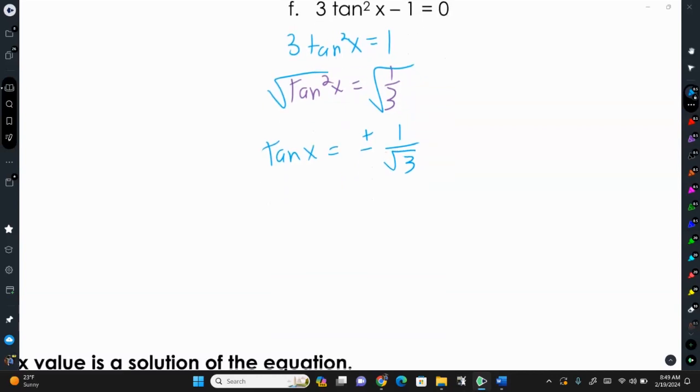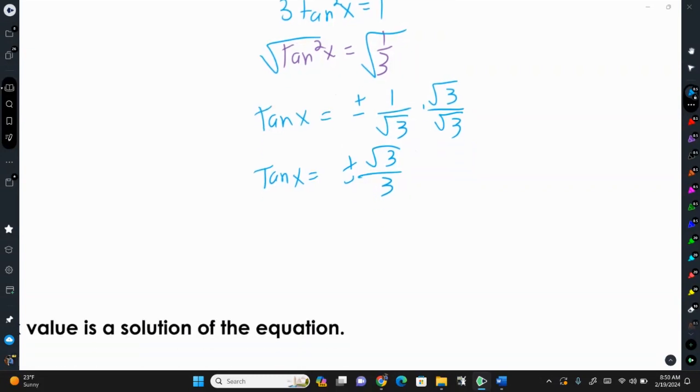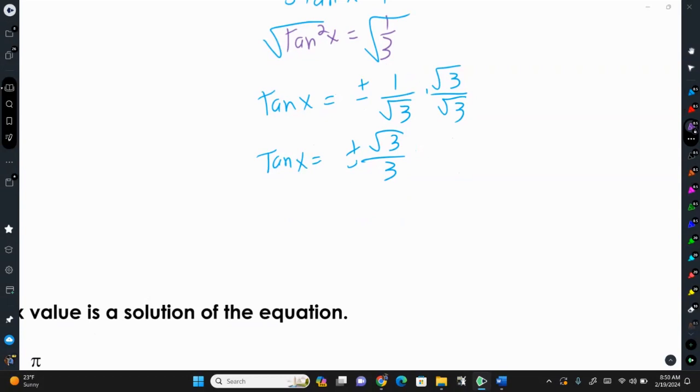Now we can't have that square root of 3 in the denominator. So then if we multiply the top and bottom by the square root of 3, we get tangent x equals plus or minus the square root of 3 over 3, which we know that tangent is equal to this at multiples of pi over 6, because 3 plus 3 is 6.